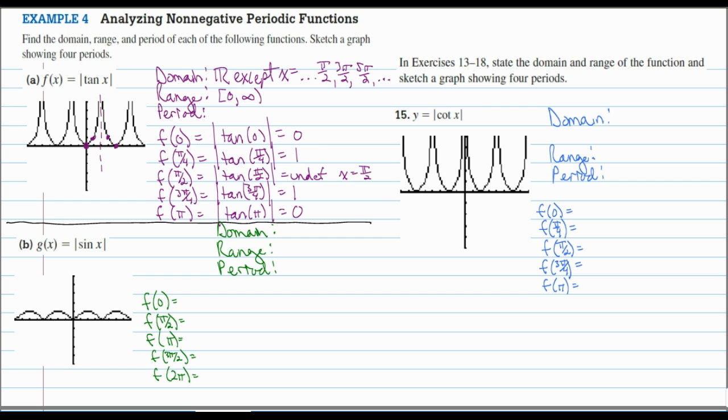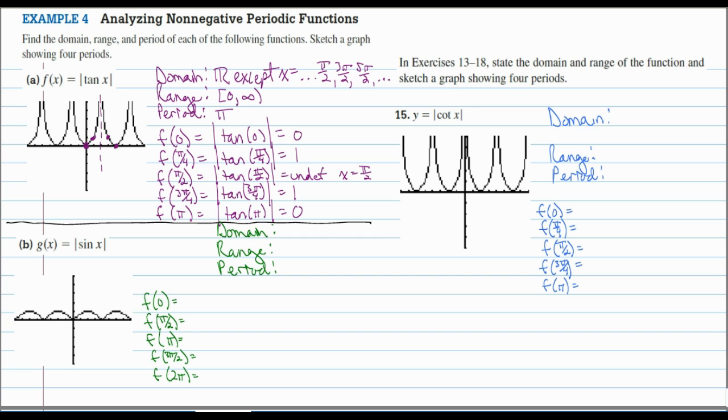The period of this function is pi, the same as the original tangent function. It does repeat itself every pi, but instead of having the tangent function swoop down below the x-axis, it bounces back up and still repeats itself after pi units.